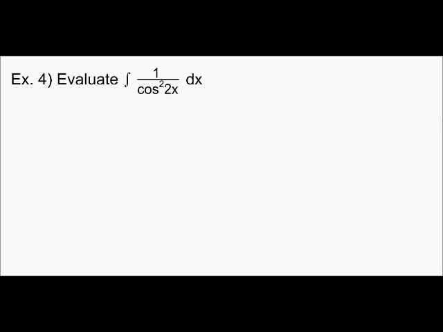So the first thing I want to do here, I can very quickly take care of the fact that that's in the denominator, because remember, 1 divided by cosine x is really secant x. So I can replace that, and that's exactly what I'm going to do. So this is really equal to the integral of secant squared 2x dx.